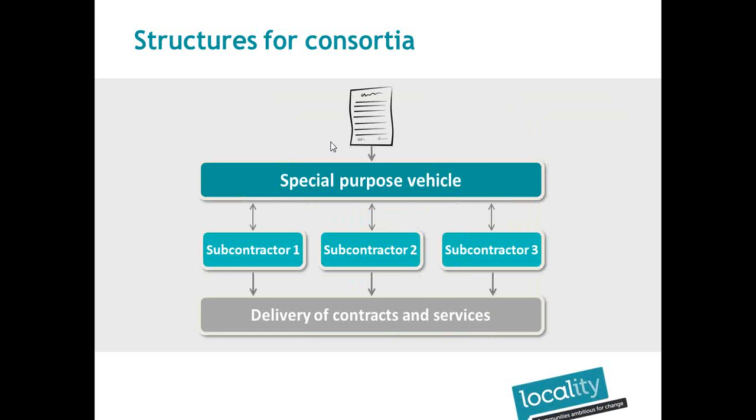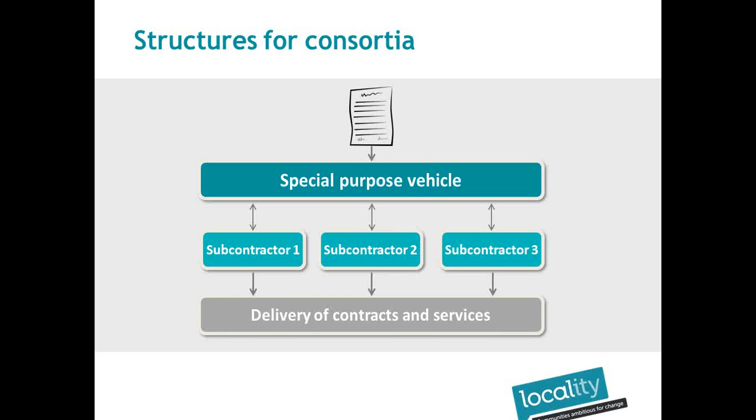A different option, as mentioned previously, would be where you've got a similar sort of circumstance about the consortium coming into existence, but instead of just doing it through one organisation with the accountability and subcontracting it, one of the organisations would form a new special purpose vehicle that would bid for the contract itself as a new entity, and would then possibly subcontract some of the work to the partners.